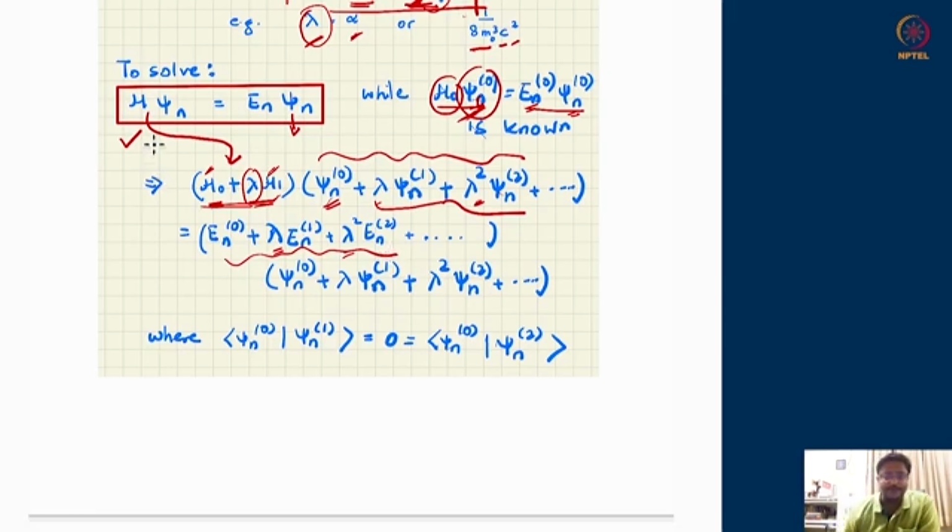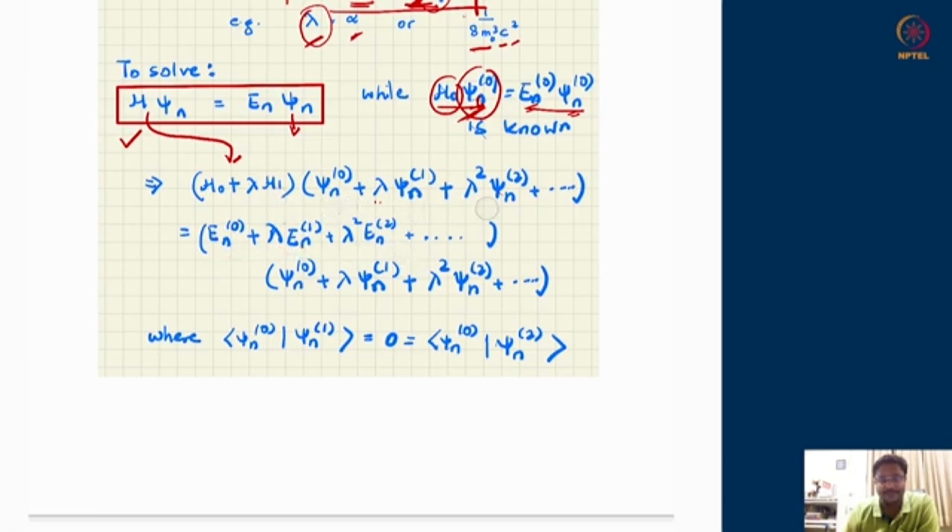So the picture is that we have to solve for a corrected equation, which is the new Hamiltonian, H naught plus lambda H1, times the new eigenfunctions, which is previous eigenfunctions plus correction terms, equal to new eigenvalues, which happens to be previous eigenvalue plus correction terms, times the new eigenfunctions again, which we wrote down as previous eigenfunction plus correction terms.